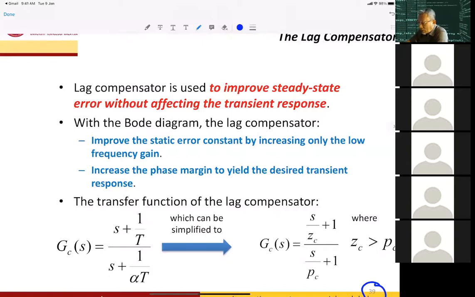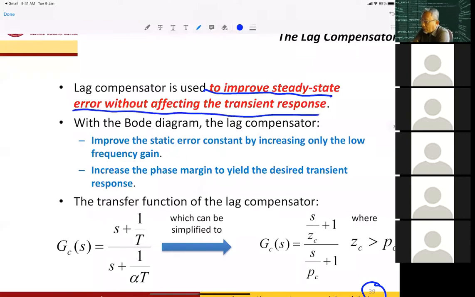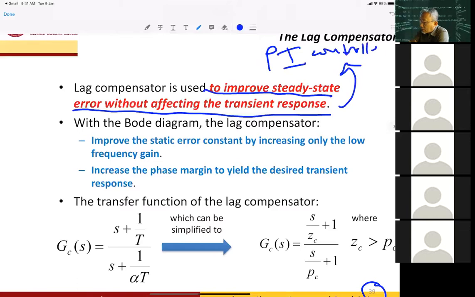And today we will look at the lag compensator, which is used to improve steady state error without affecting the transient response. It is similar to the PI controller in the time domain, and the equivalent in the frequency domain is known as a lag compensator.